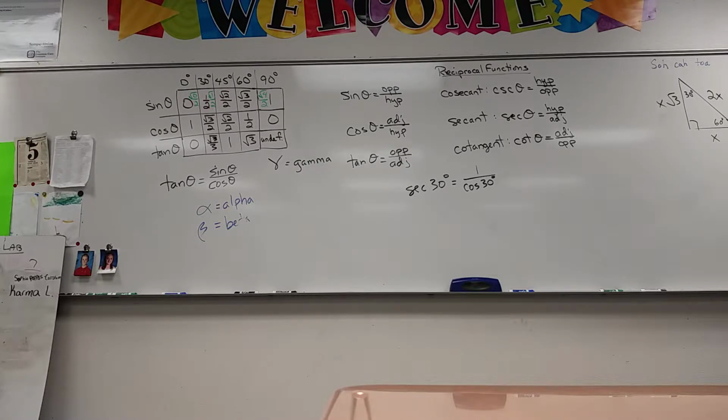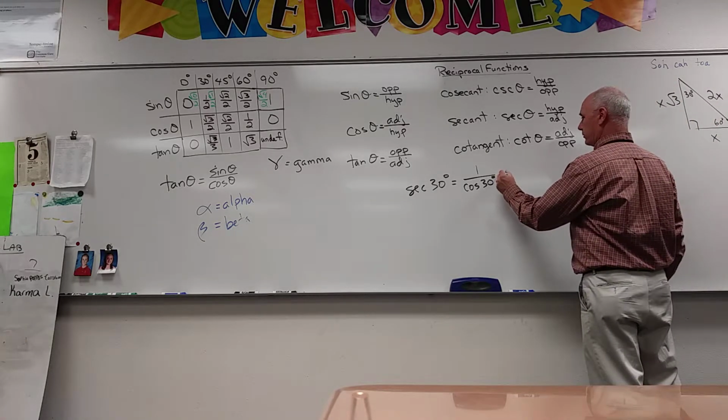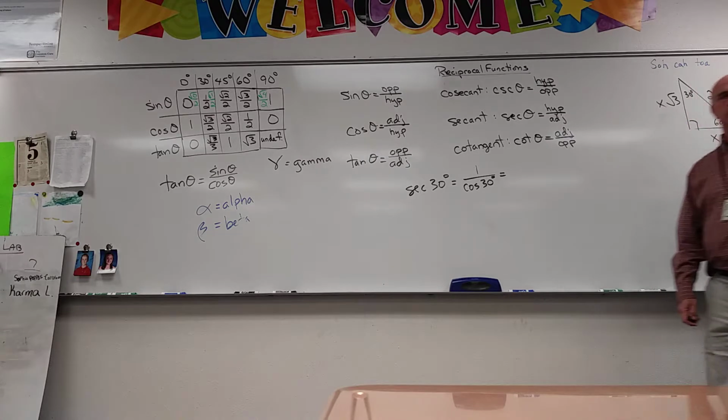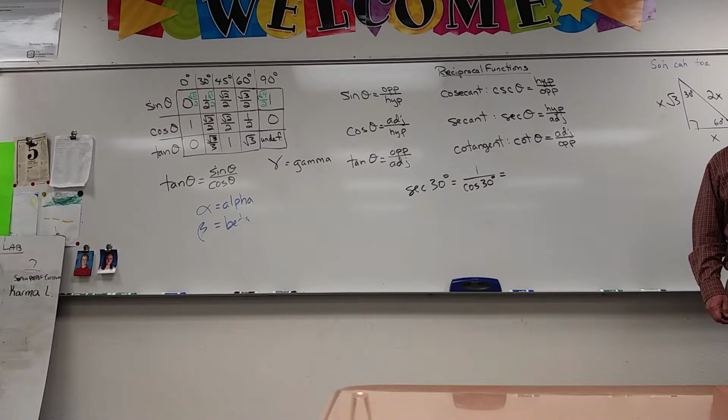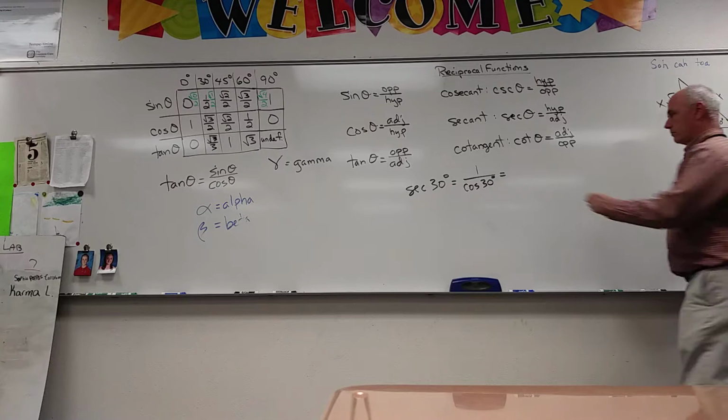1 over something means the reciprocal. What is cosine of 30 degrees? Square root of 3 over 2. So the reciprocal of the cosine of 30 degrees is 2 over square root of 3.